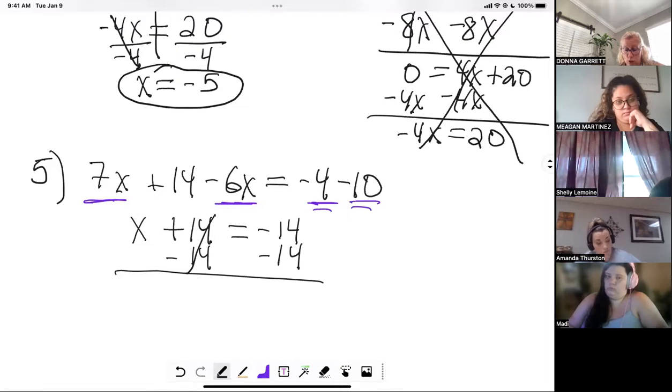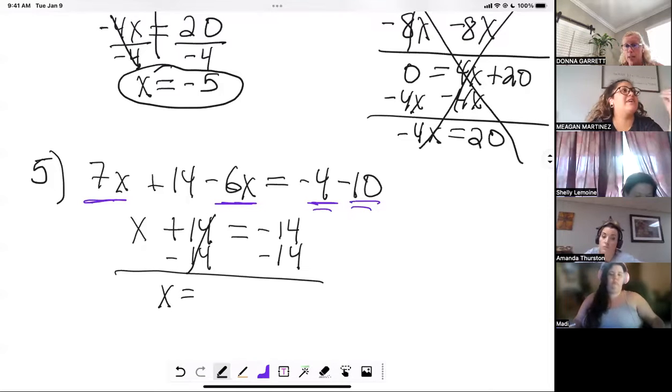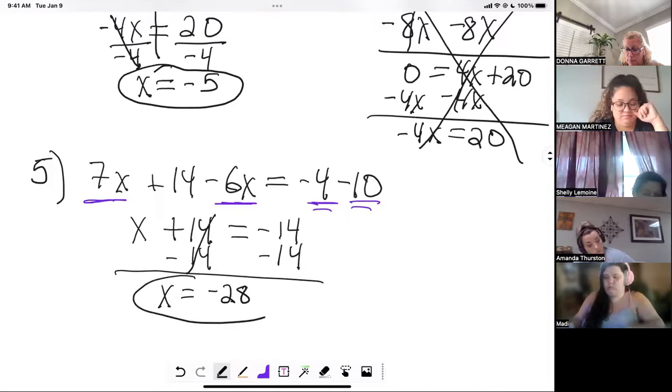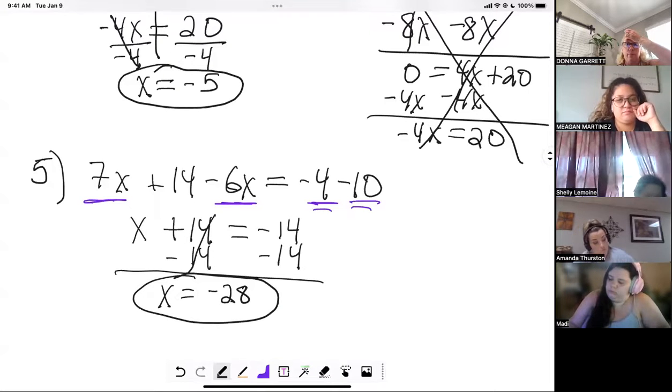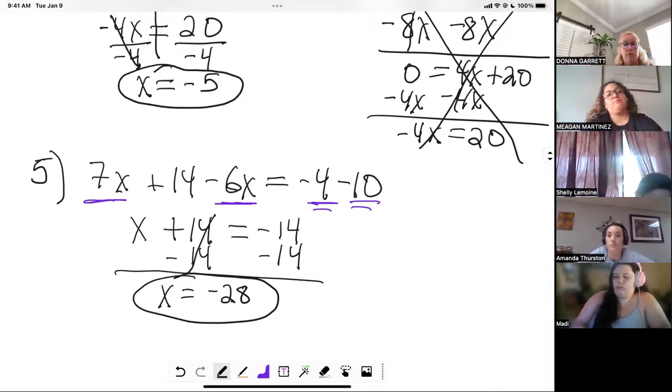Adding 14, subtract 14, because x needs to be by itself. And if I subtract 14, I have negative 14 and another negative 14. They're the same sign, so I add them and keep the sign, and that would be negative 28. Better?